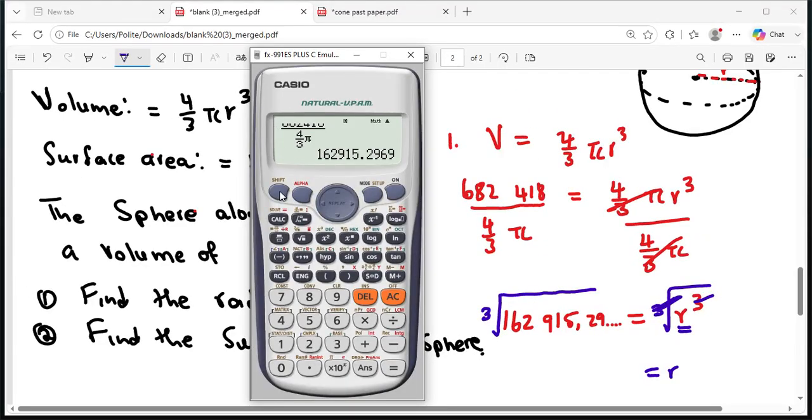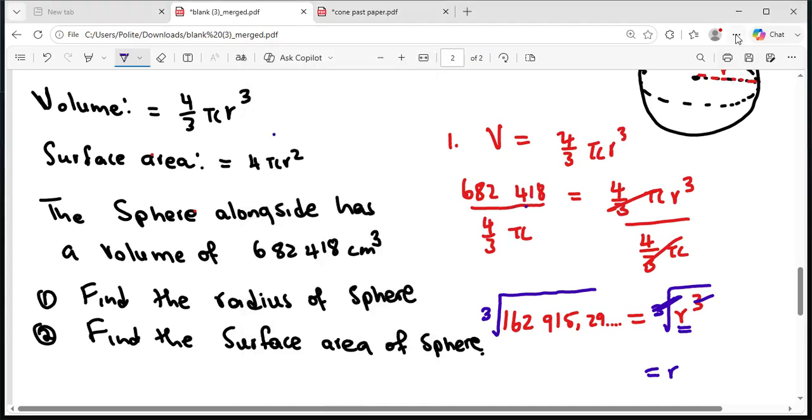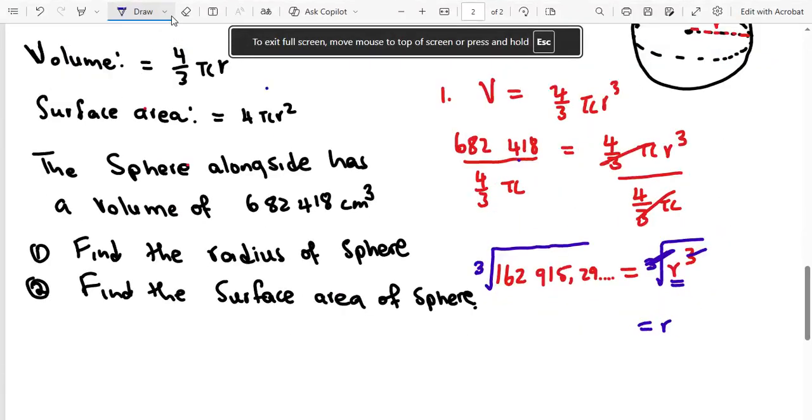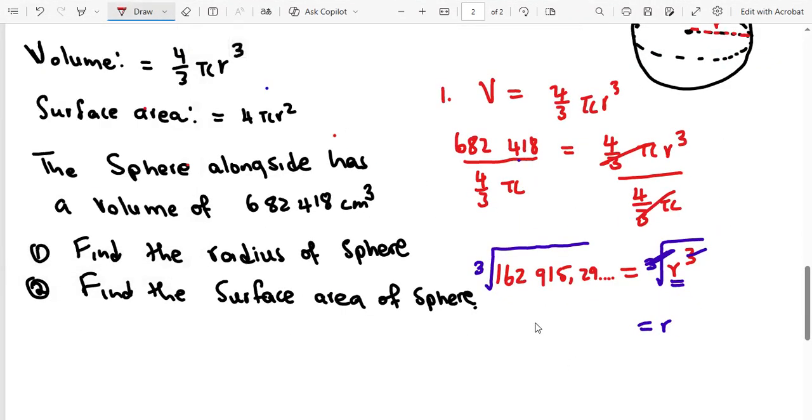You say shift, then you put that function there, and then put your answer inside. This gives me 54.62 as my r if you round it off to 2 decimal places. So the value of r is 54.62 centimeters.